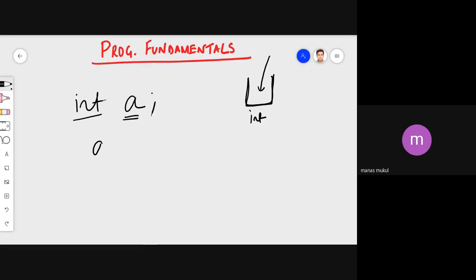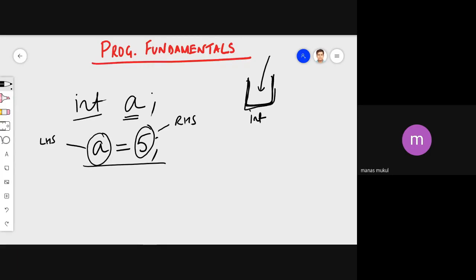Now we can write something as a is equal to 5. Now this is a statement. When we look into the statement, we have the right hand side and the left hand side. Now this statement writes the value of the right hand operand, which is 5, into the memory location of the integer variable a.